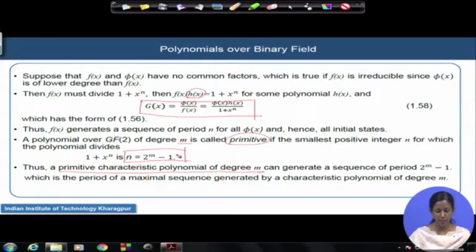But we understand that a characteristic polynomial generating a 2 to the power m minus 1 sequence generates a maximal length sequence, and that polynomial always has a degree equal to small m. So, it is just the opposite proof: the characteristic polynomial which generates an ML sequence is always a primitive characteristic polynomial.